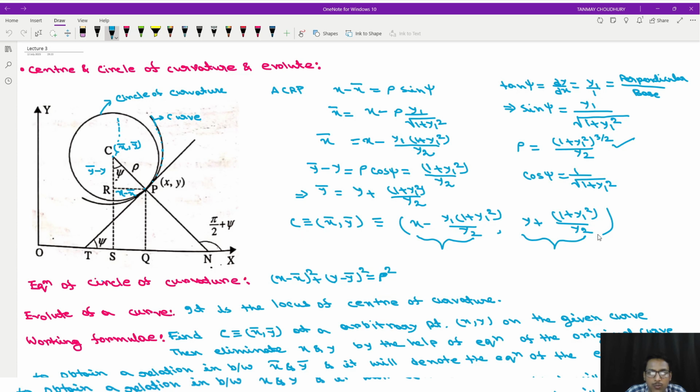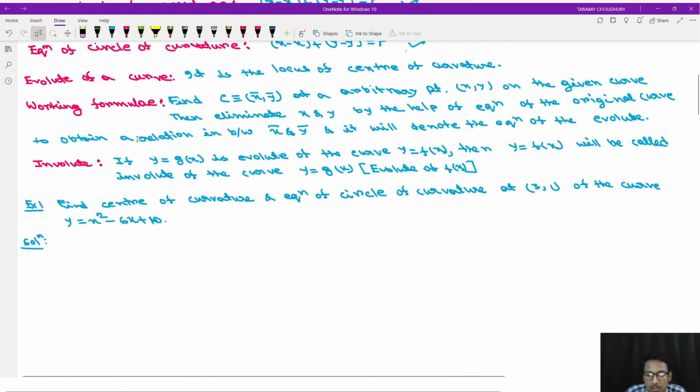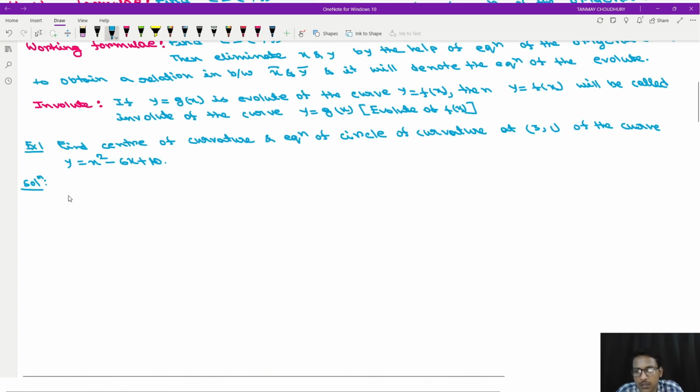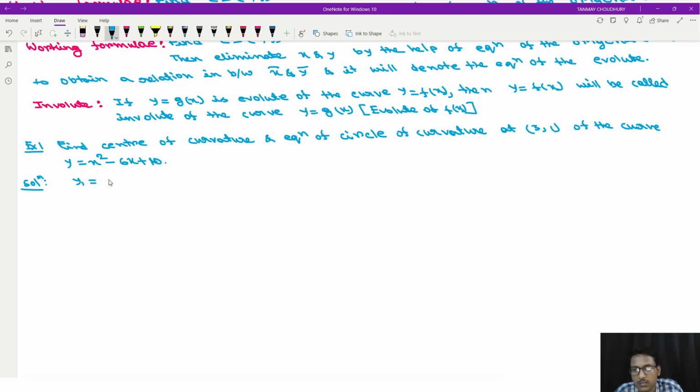By this formula we can find out the coordinates of the center of curvature, and by using the second formula we can find out the circle of curvature. So for that we'll find y1, which is dy/dx, as 2x minus 6, and y2, which is d2y/dx square, which is 2.